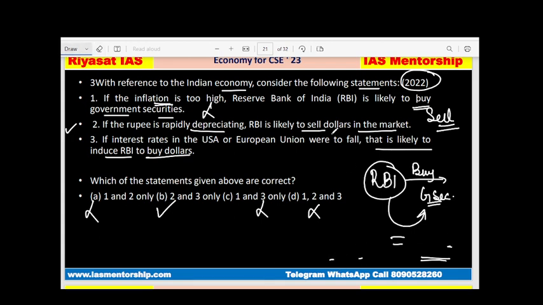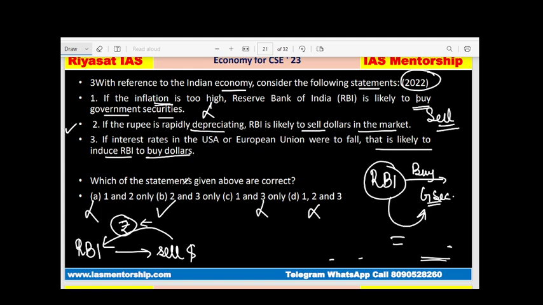If RBI sells dollar, in turn it is taking rupee outside from the market. Why is rupee depreciated? Because a huge amount of rupees is there in the market. That is why its value is going very low. So if it wants to stabilize the value of rupee, it will sell the dollar and take the excess amount of rupee to itself, and eventually this will help to appreciate the rupee.